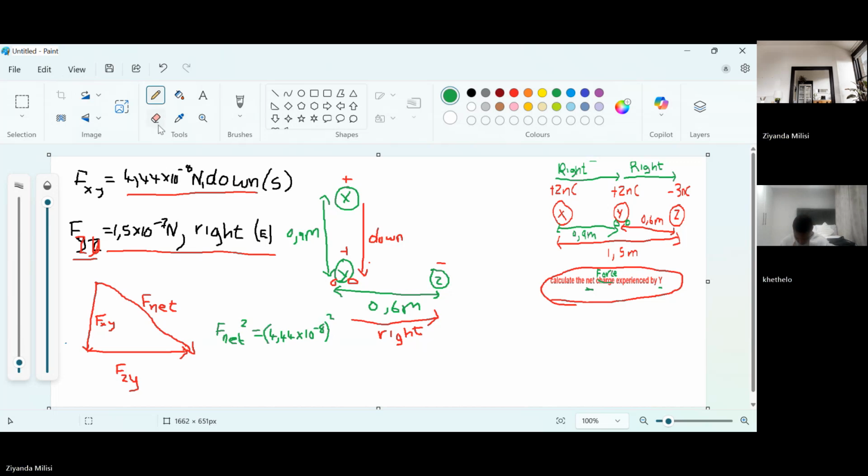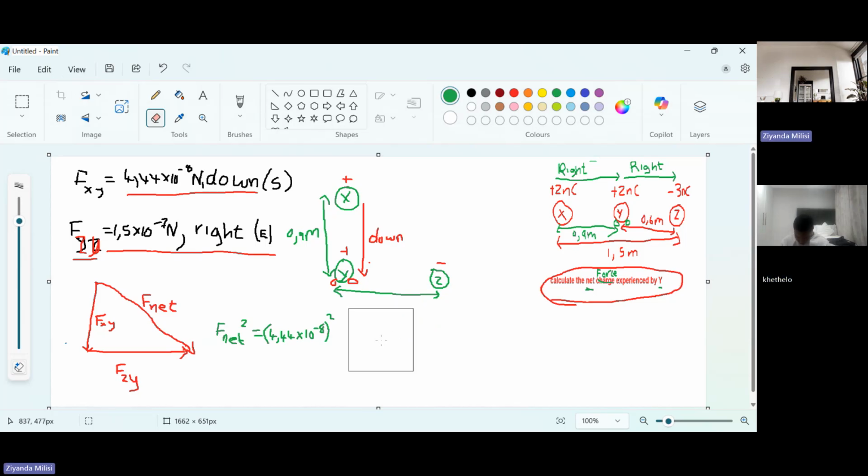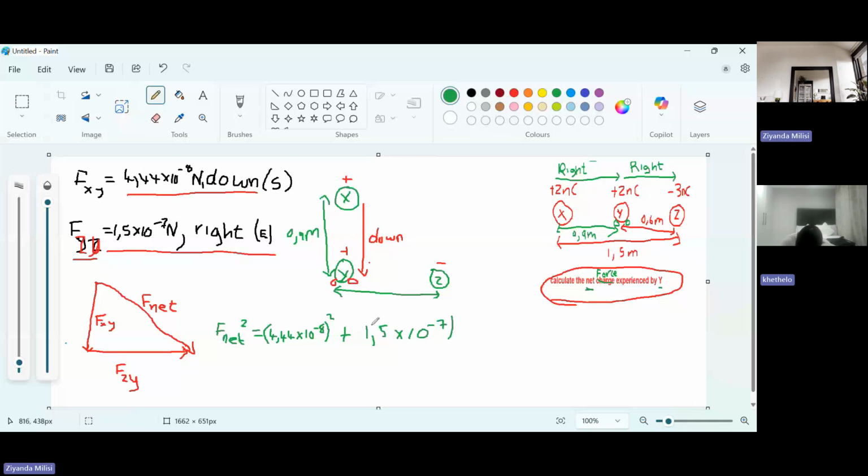Then you continue: plus 1,5 times 10 to the power negative 7, squared.